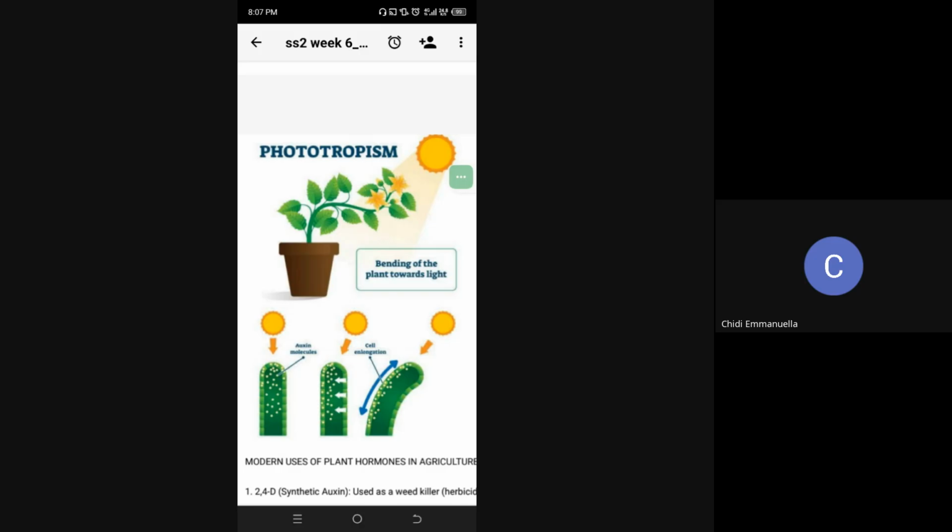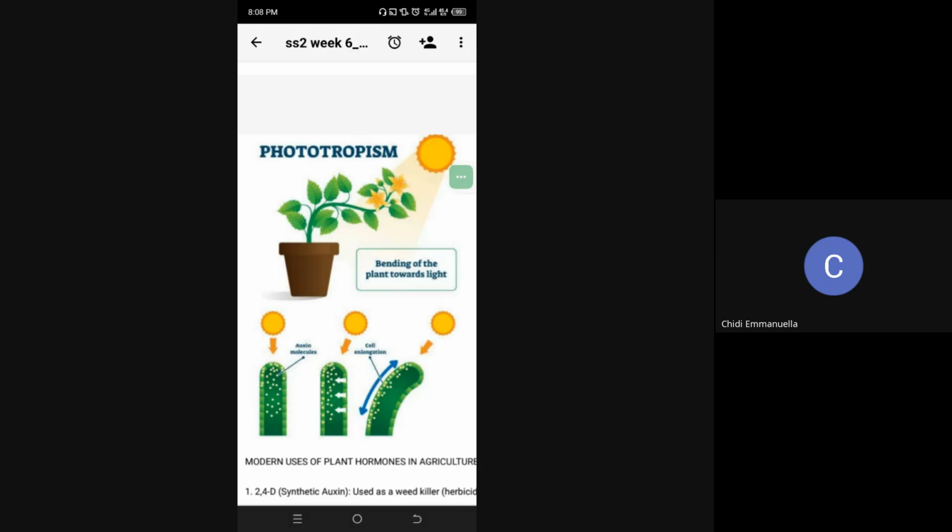So when the light changes direction, like by the side, the plant will move with the sunlight, and that process is called cell elongation.